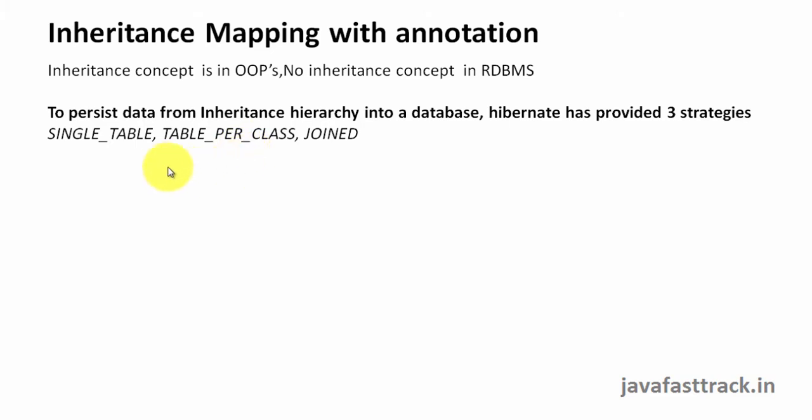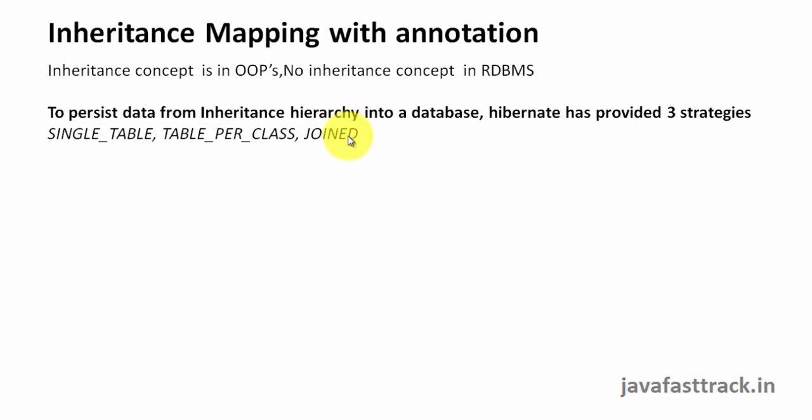Otherwise, we have one more strategy called the table per class strategy. Data from each and every class is stored in a separate table. Data corresponding to each class of the inheritance hierarchy will be stored in a separate table. That is called the table per class strategy.